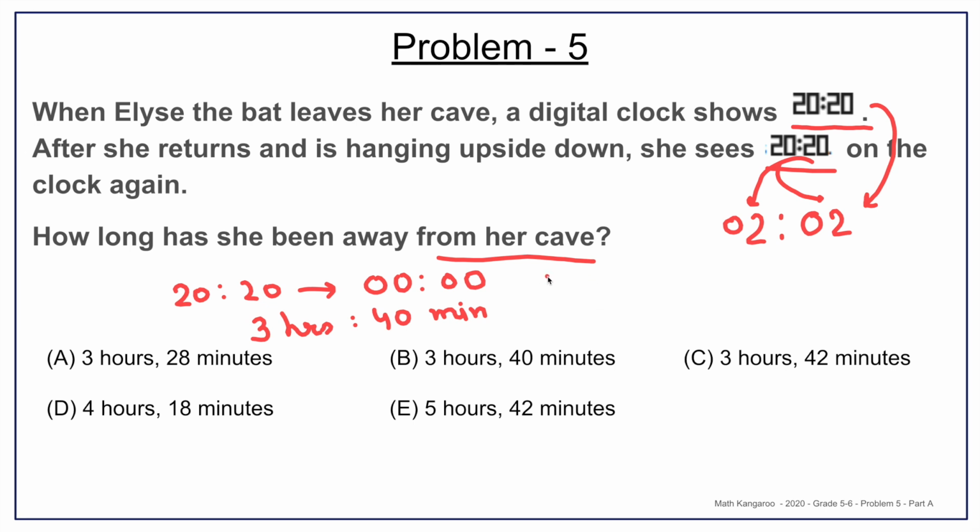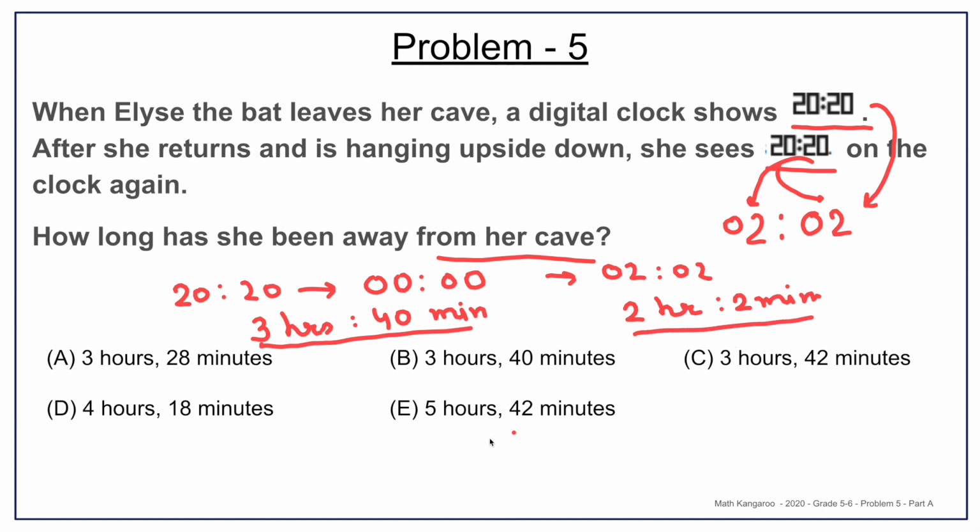From midnight to 0202, it will be 2 hours and 2 minutes. So when we add 3 hours 40 minutes and 2 hours 2 minutes, we will get 5 hours and 42 minutes. Our answer is option E, 5 hours 42 minutes.